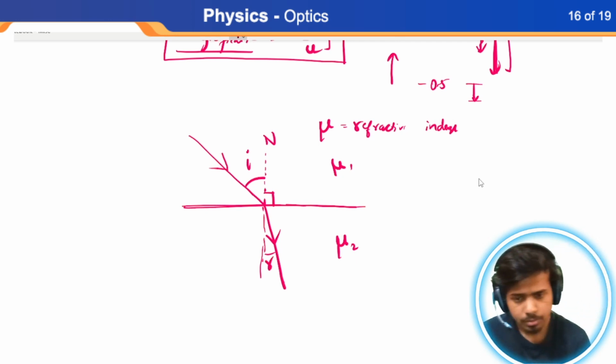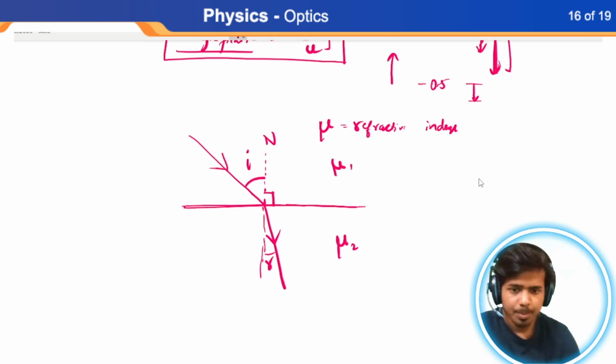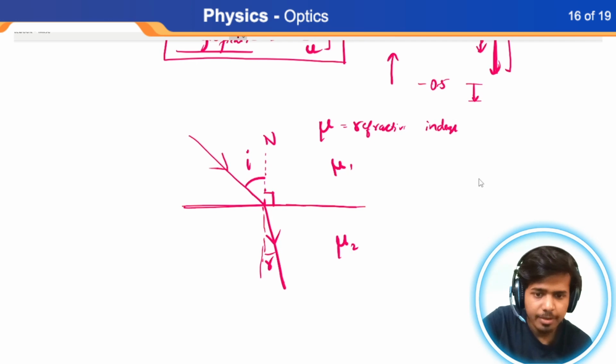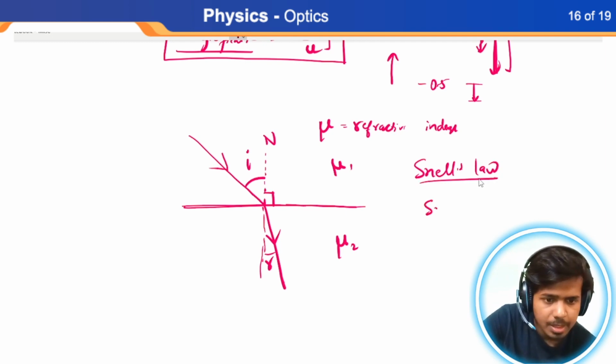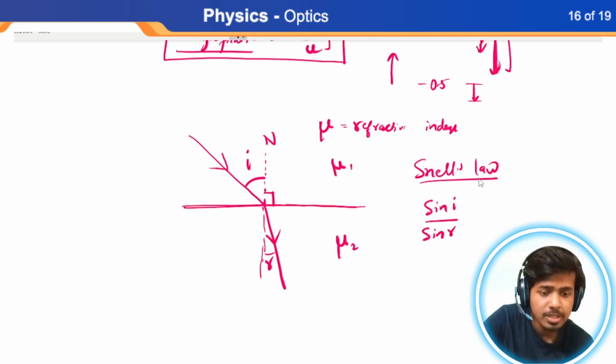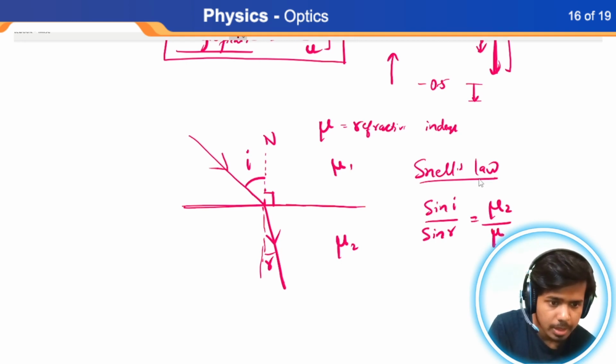Not reflection, refraction. Okay, if that happens, then what we have is a formula over here. This is called Snell's law. Now according to Snell's law, sin i upon sin r, the angle of incidence and angle of refraction, is equal to mu2 upon mu1.